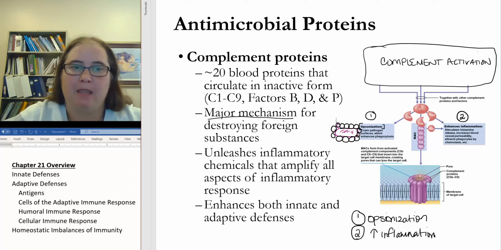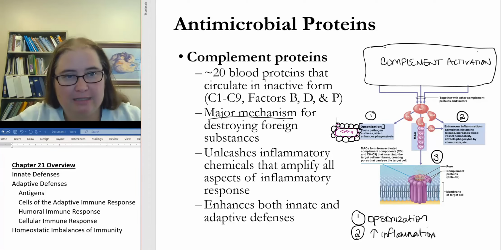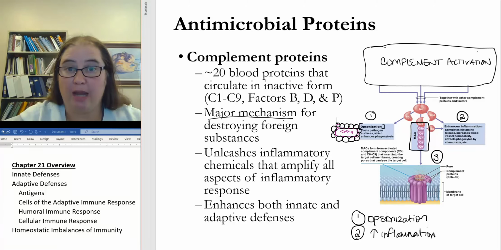And our third thing is we are going to directly destroy the pathogen. And how we do that is this molecule right here, and again, you don't need to know the complement molecules that make this up, essentially forms or creates a funnel-like structure.